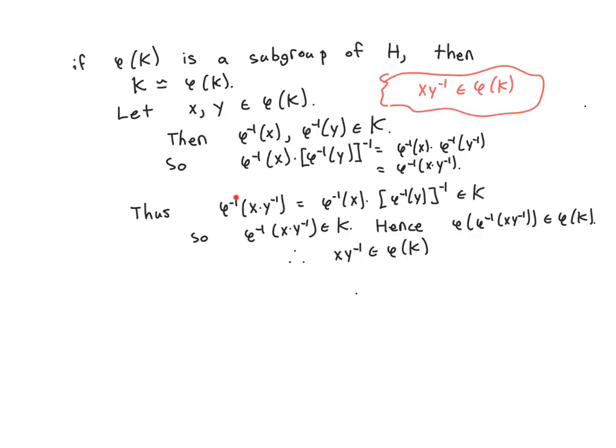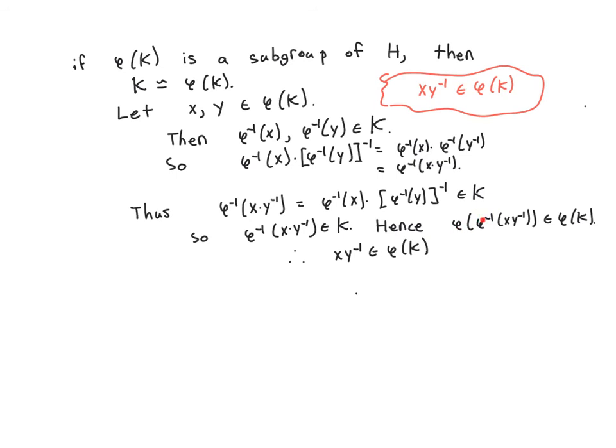So what do we get? We get that this last element, the inverse of this product, is equal to this product of inverse functions. That's what we started with. These were elements in K, so this weird calculation is also an element in K since it's a subgroup of G. Therefore, phi inverse of this product is also in K. So now if we compose this element with phi, we get an element in the image.